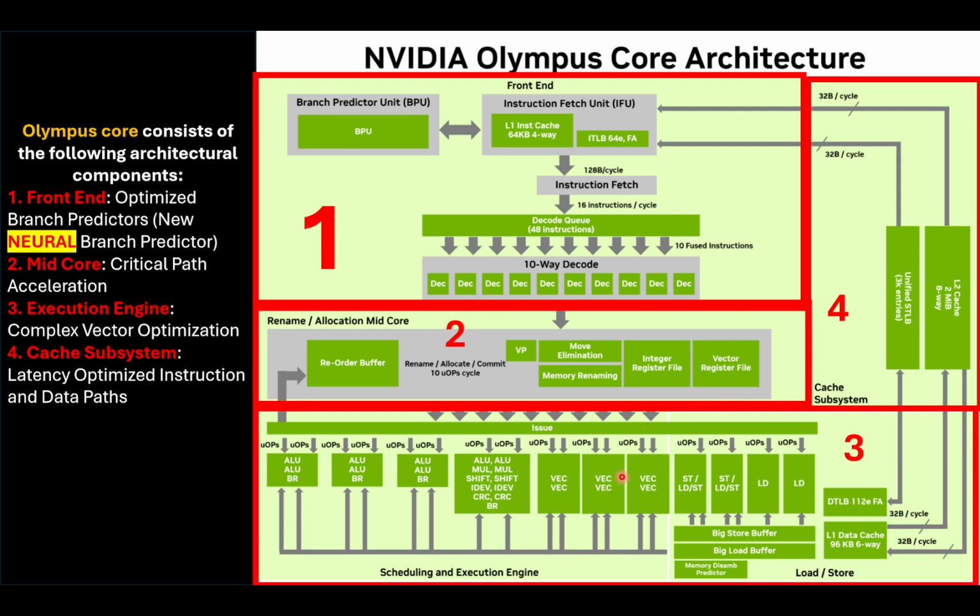And then we have the execution engine, obviously with complex vector optimization, probably for vector processes, and we see different units here for different operations which need to be done. Vector, probably store and load operations and stuff like that. A big store buffer, a big load buffer, memory disambiguation, prediction, and so on.